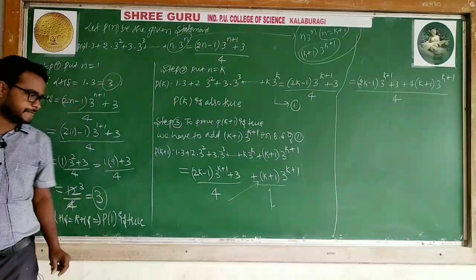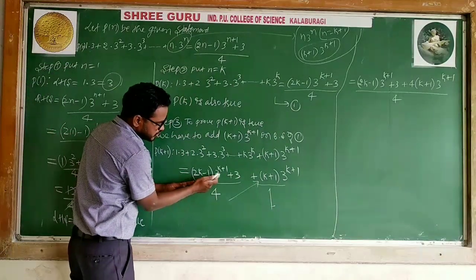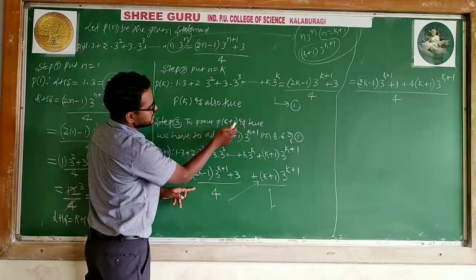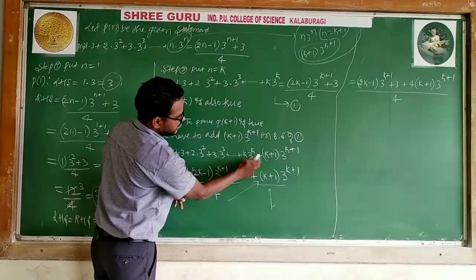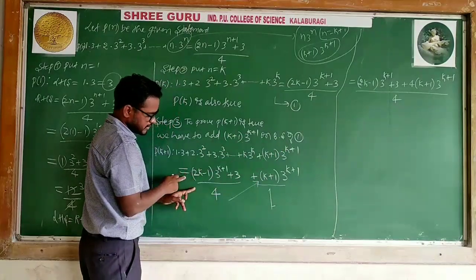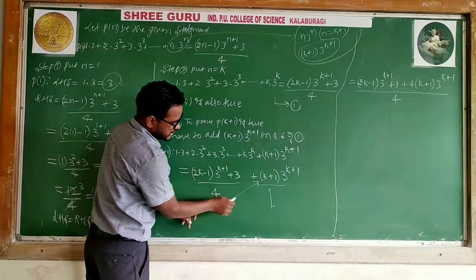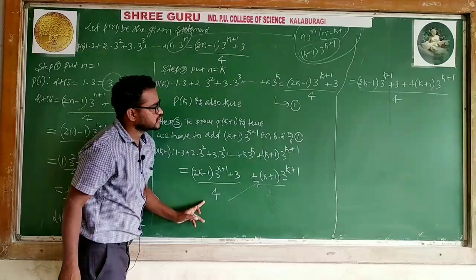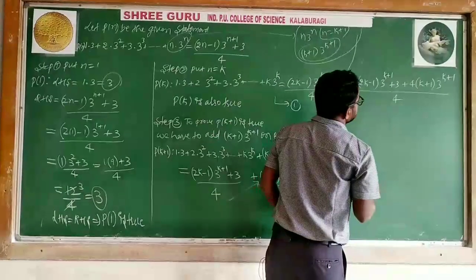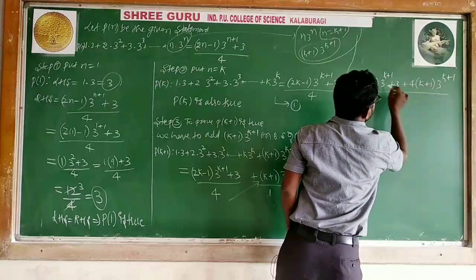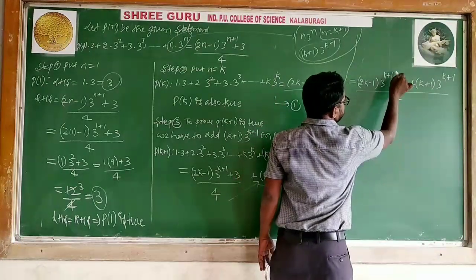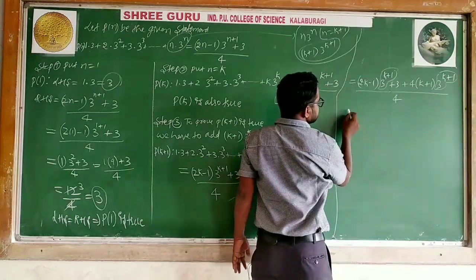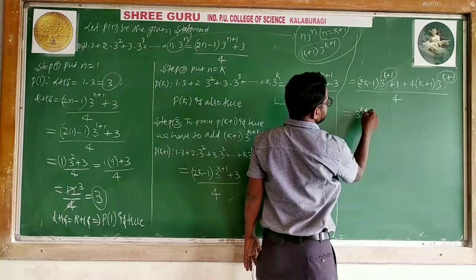This third step is the main one. 2k minus 1, 3 to the power k plus 1 plus 3 divided by 4. I added k plus 1, 3 to the power k plus 1 on both sides. Instead of writing there on the RHS, I wrote it here. This I kept and then I added. I took the LCM, multiplied this by 4, so whole divided by 4. Then can I take these two common? 3 to the power k plus 1 is common.